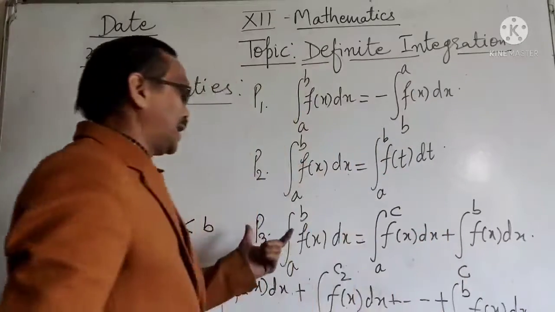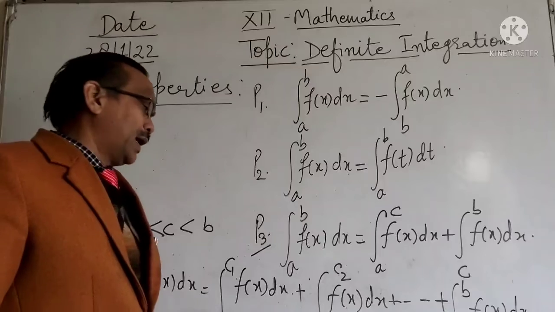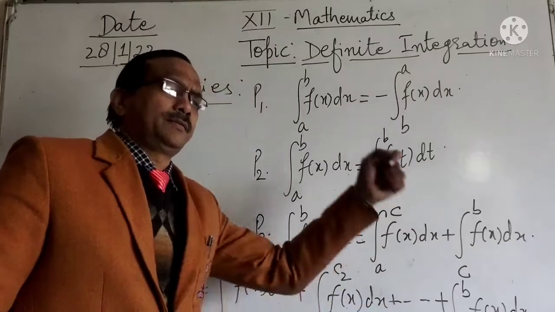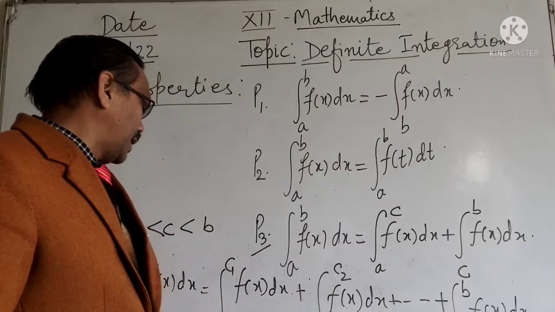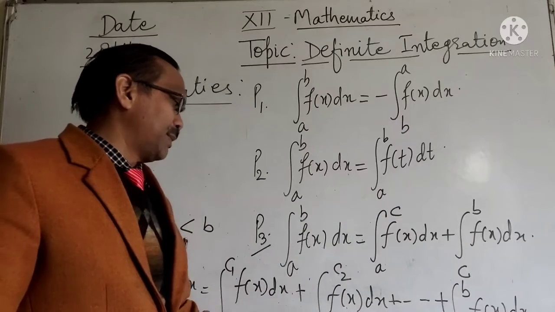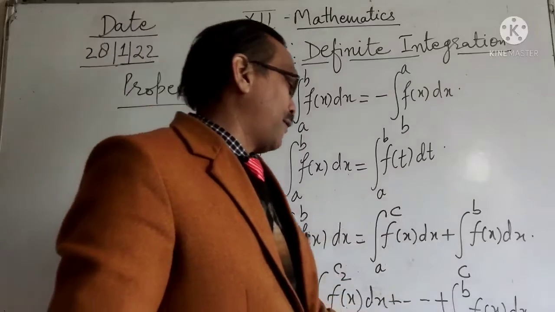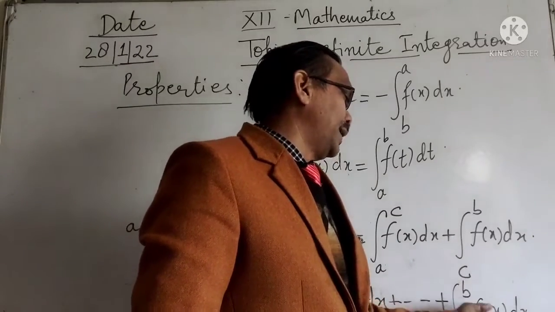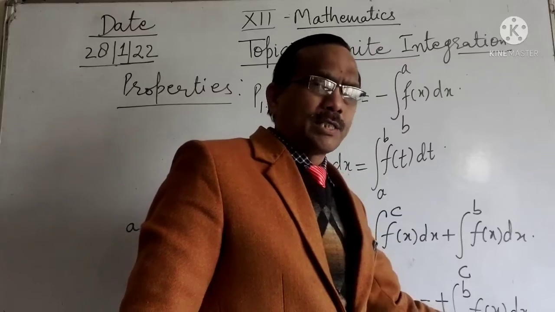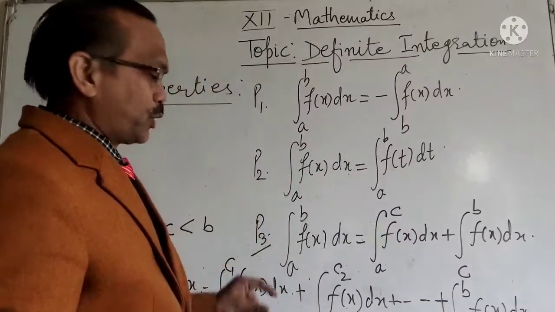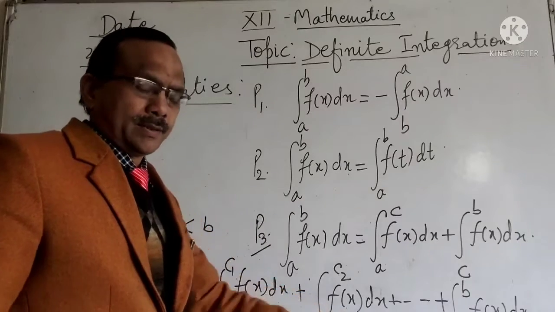So one integration can be broken into a number of small integrations. We can apply the limit a to c1, then c1 to c2, then c2 to c3 and so on, and finally cn to b. This way we can break the limit a to b into smaller limits.